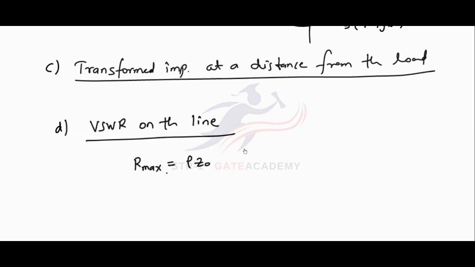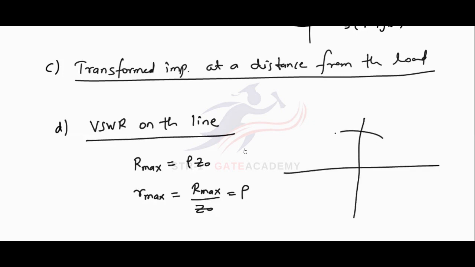Since we are plotting the normalized impedances, I can write R max divided by Z naught, it is nothing but rho. So if I can find the value of the maximum impedance on the Smith chart, the R max value, then that value itself is nothing but the value of VSWR. Now on the Smith chart, this is the constant VSWR circle.